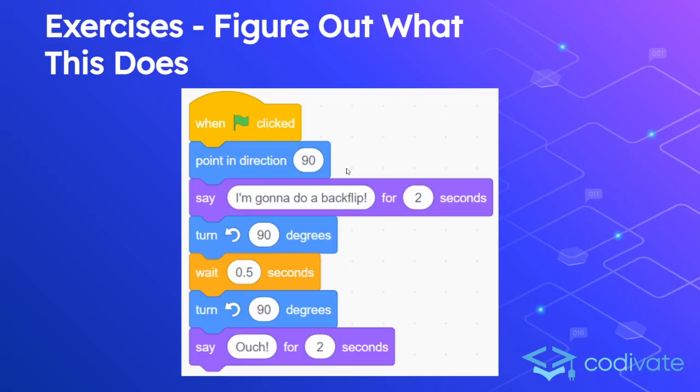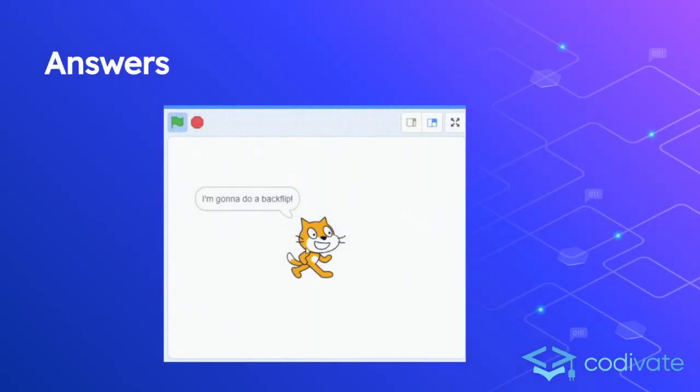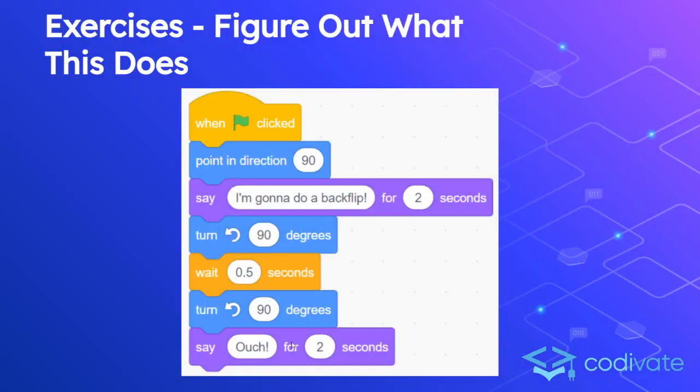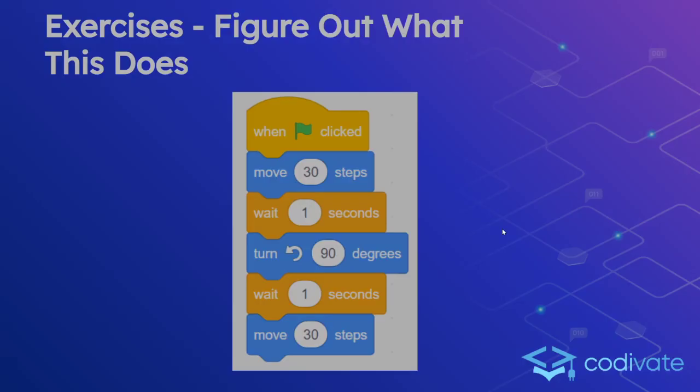So this means point to the right, then it's going to say something, then it's going to turn twice. Now, when you turn, it's a quarter circle turn. So this cat did a quarter circle turn twice and ended up on its head. And then it said ouch. That's pretty much it. The important thing is to pause the video and try these on your own before I just show you the answer.